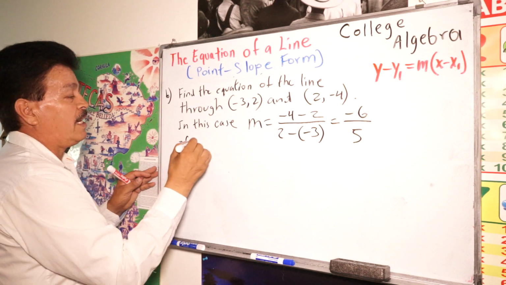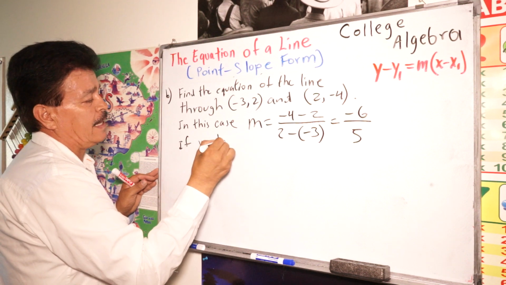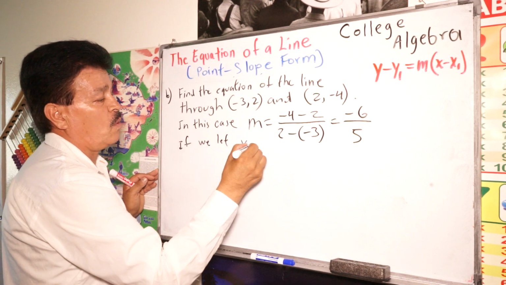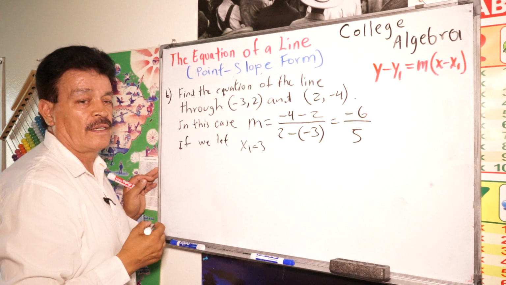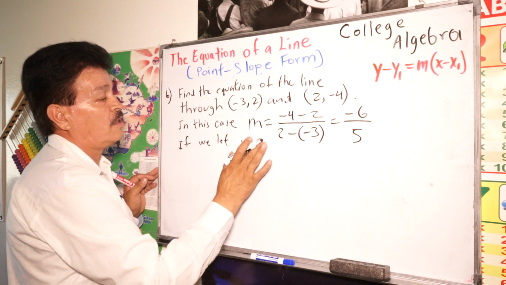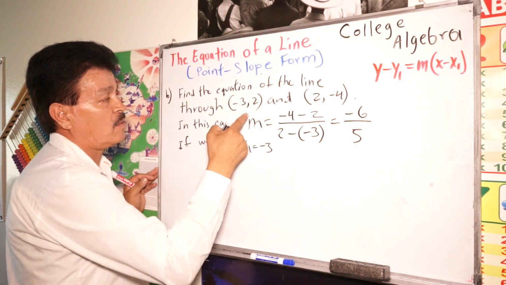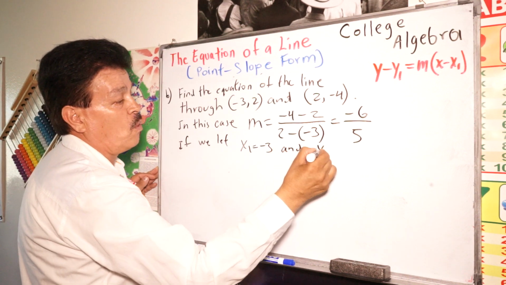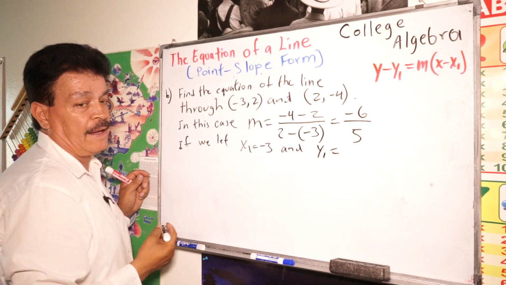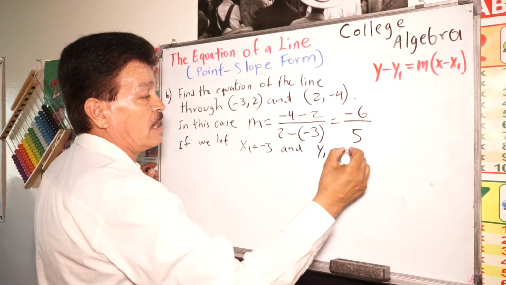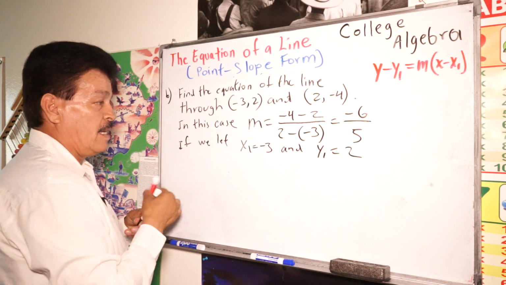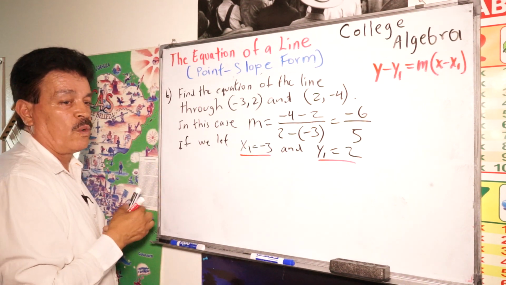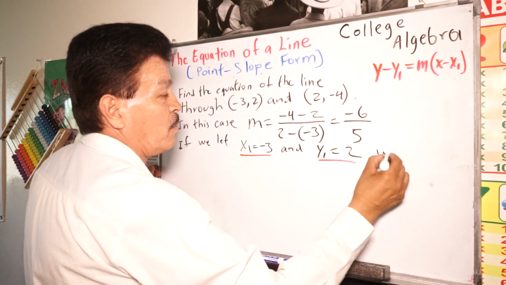So if we let x1 equal -3, and y1 equals 2, this data is very important right here.